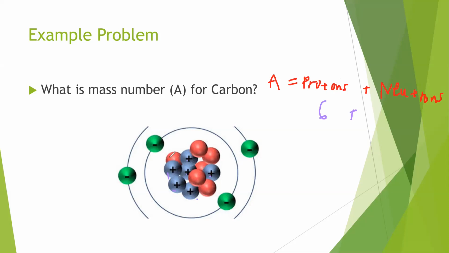And then the neutrons, there's 1, 2, 3, 4, 5, 6 as well. Just a reminder, we don't consider the electrons when finding mass number because they have basically a mass of 0. And each proton and neutron has a mass of 1, which we arbitrarily defined. So we get A equals 6 plus 6, which is 12. So the correct answer is A equals 12. I hope this was pretty easy for you.